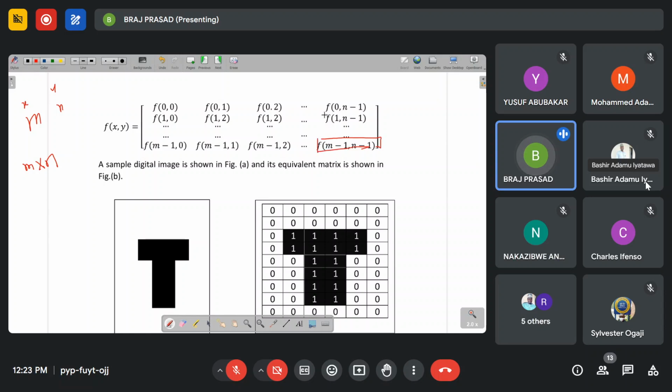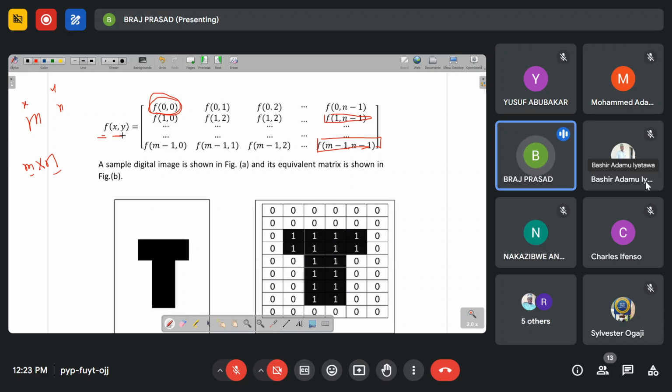Similarly, there are a number of cells, and the number of cells is equal to the multiplication of m and n. So this is our 2D dimension, and each cell is an element, and the whole set of elements is denoted by a function, f(x, y), also known as an image.